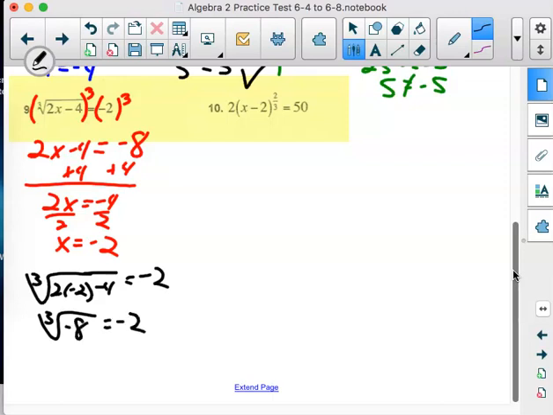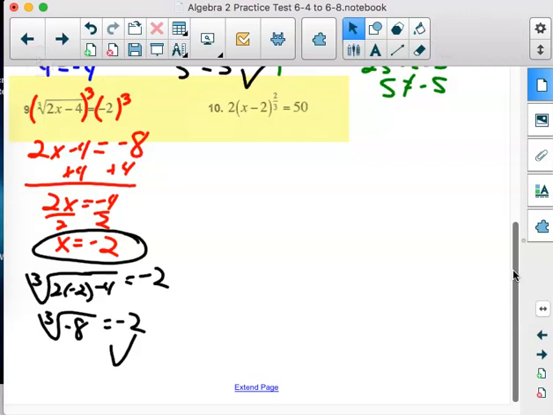Is the cube root of -8 -2? It is, because -2 times -2 times -2 is -8. That works. So, again, at the end of the test, if you have time, y sub 1, y sub 2, make sure that it hits at x equals -2.